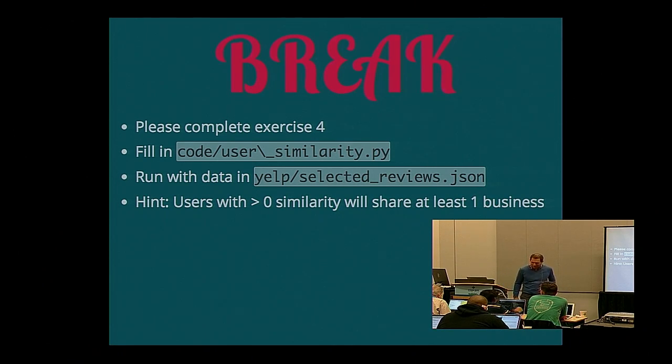Yeah, sure. So first, I embed business ID with the user ID. And then the reducer gets all the users that have reviewed the business. Then I emit all the pairs possible.